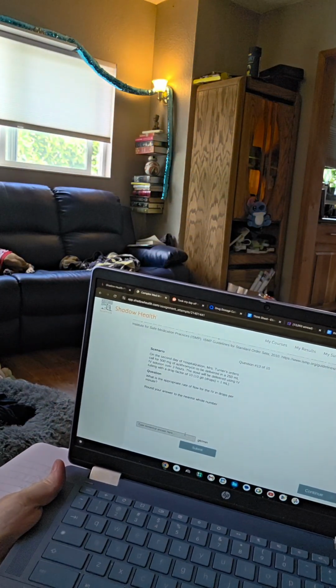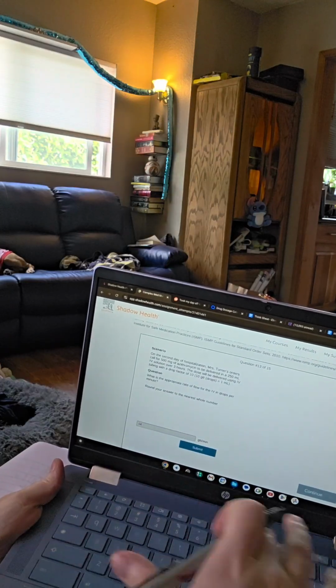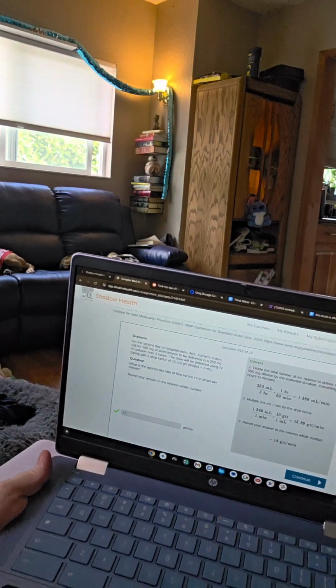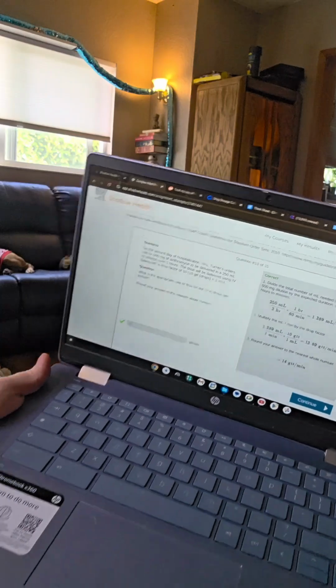Now let's put that in real quick, see if we get the right answer. 14 GTT per minute. And yep, that is the right answer, 14 GTT per minute.